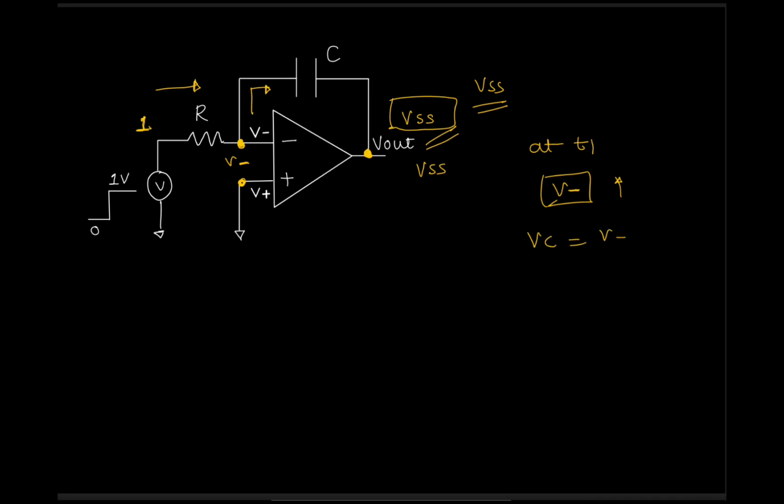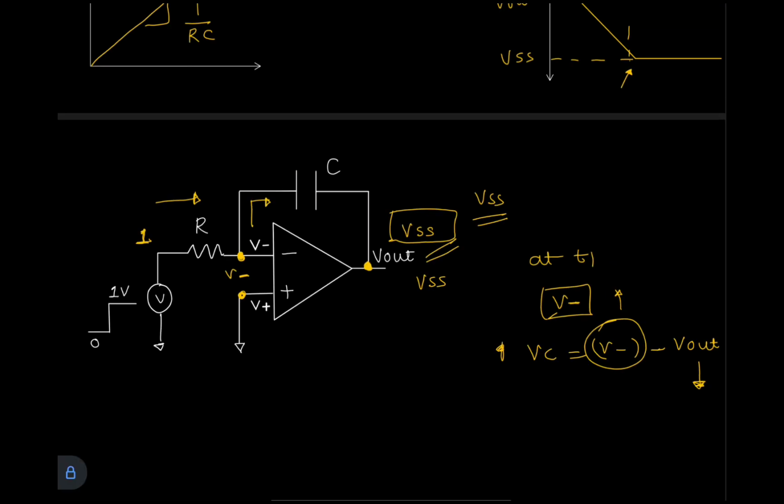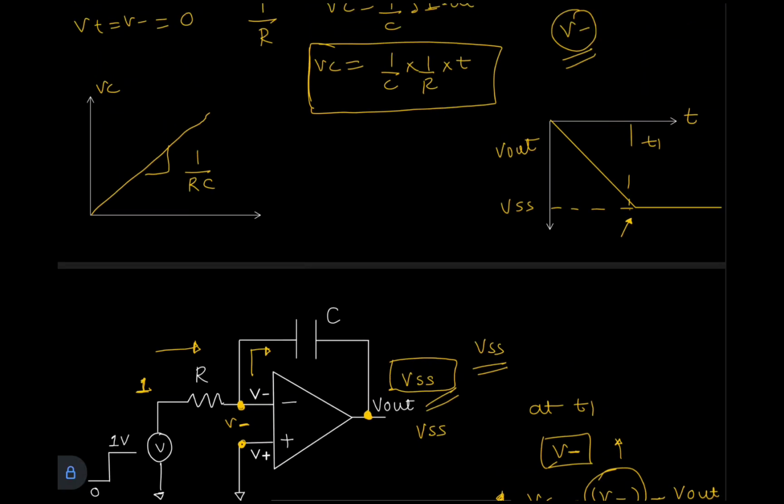VC is V minus of V out. So at the start V out was decreasing and VC is increasing. Now this V out is constant, so the only variable is V minus, so V minus will start increasing, and then we can plot a graph of this.